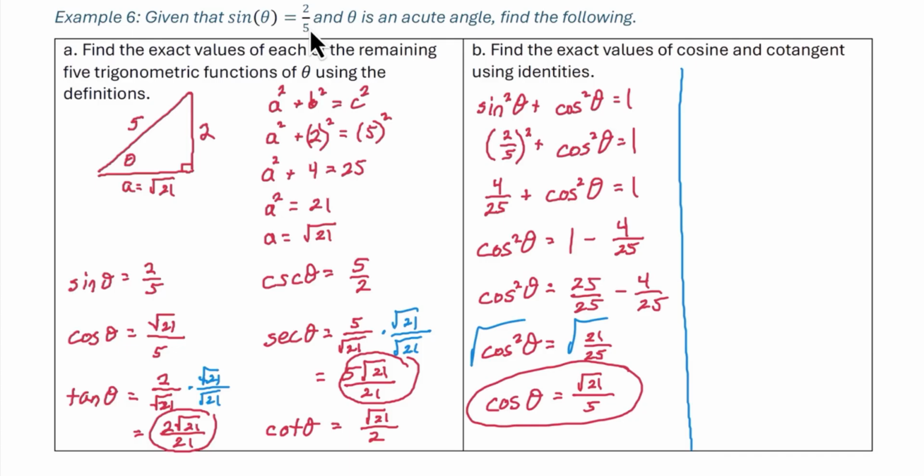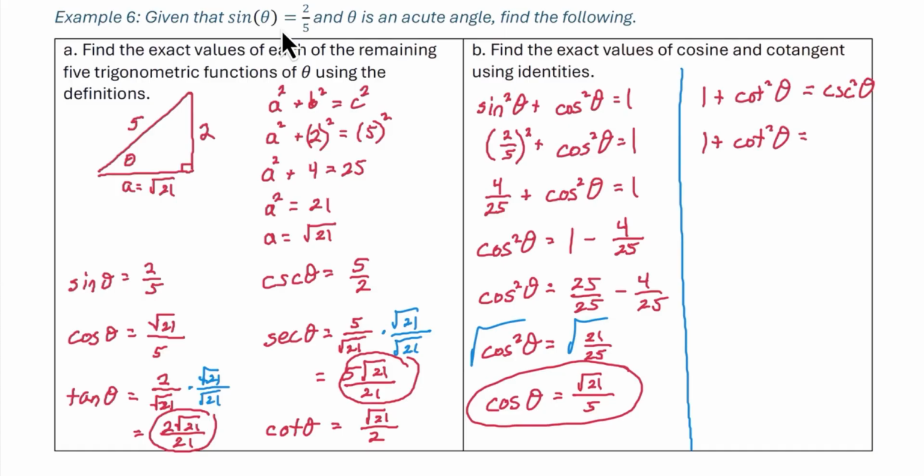To find cotangent, let's use one of the other Pythagorean identities. 1 plus cotangent squared theta equals cosecant squared theta. Cosecant we can get using the reciprocal of sine.